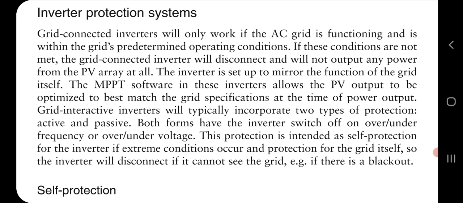So if any problem occurs, it disconnects from the grid, and if all the parameters match, then it supplies the current from PV panels to the grid.